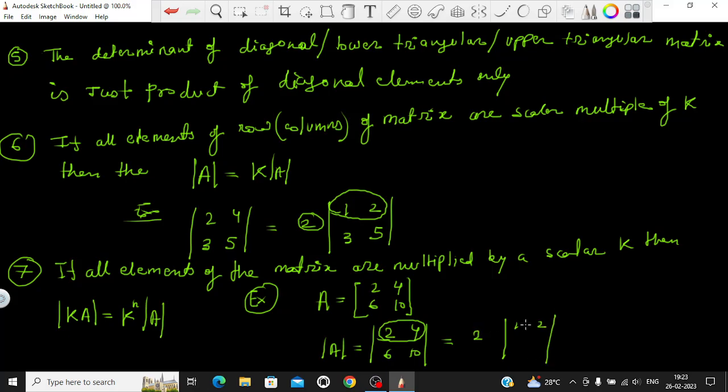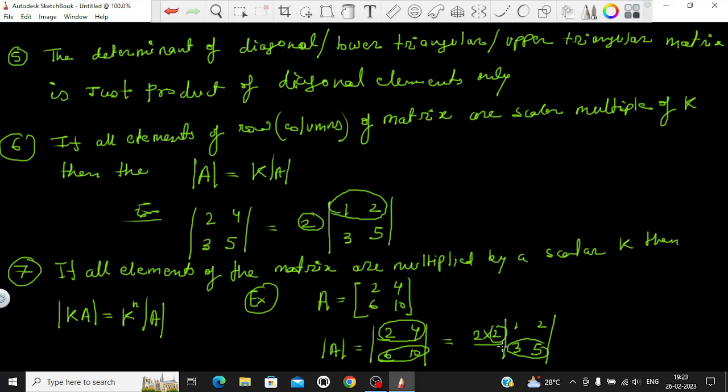If you multiply these 2, 1 and 2, you will get 2 4, this row. So I took 2 out of this row and I took again 2 into 2 from this row, so I wrote 3 5. If you multiply these 2 with this row, you will get 6 10.